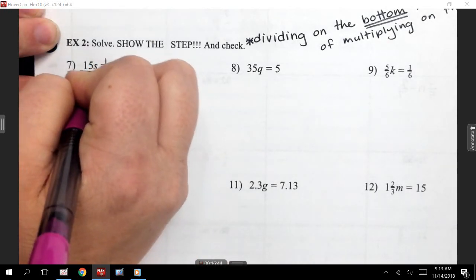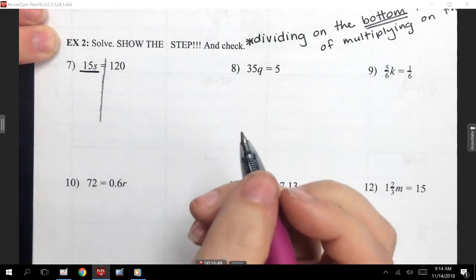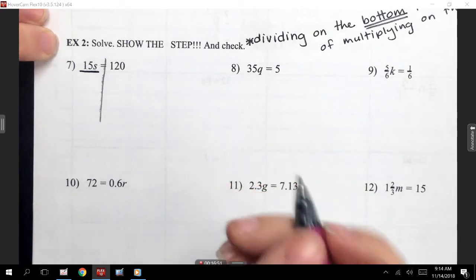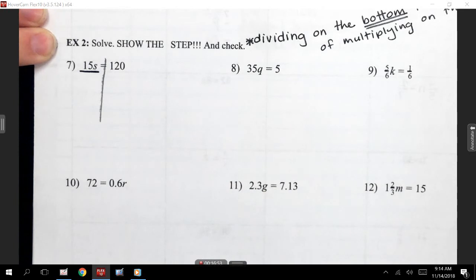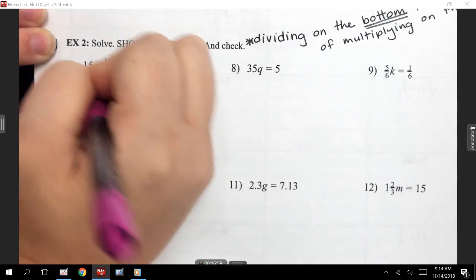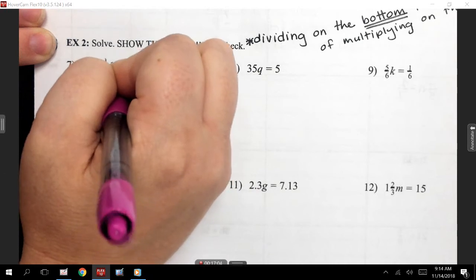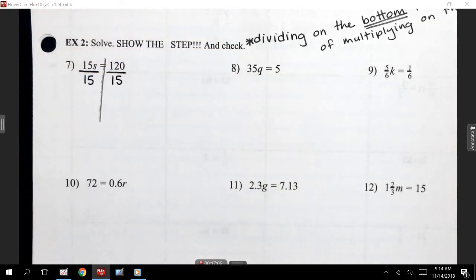Remember, that's our new way of writing division. And what am I dividing by? 15, because that's what's next to my variable. That's what's next to the letter. So I'm dividing by 15. If I divide by 15 on one side, got to divide by 15 on the other side.